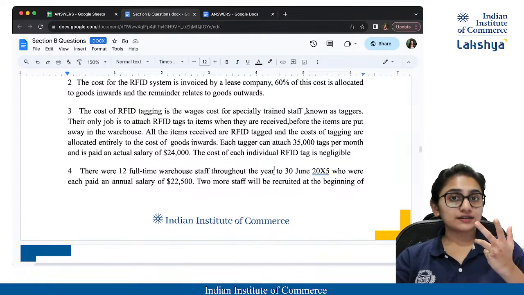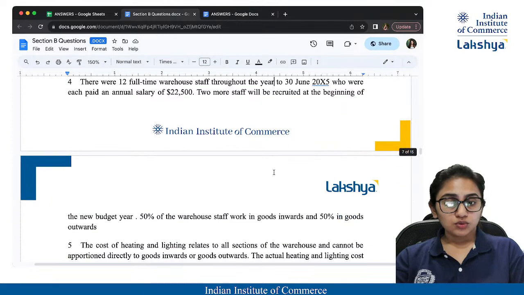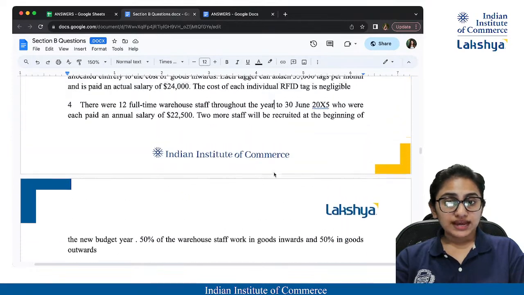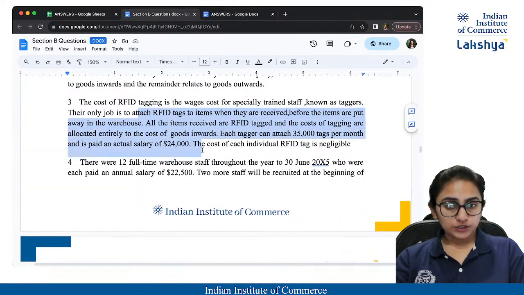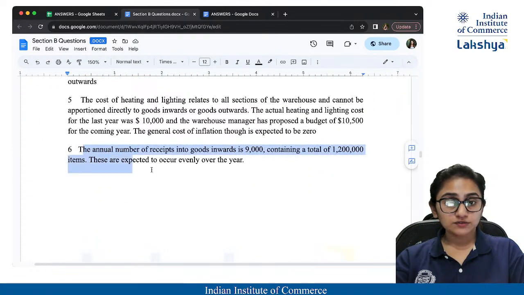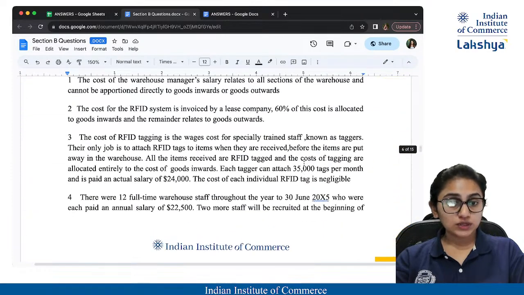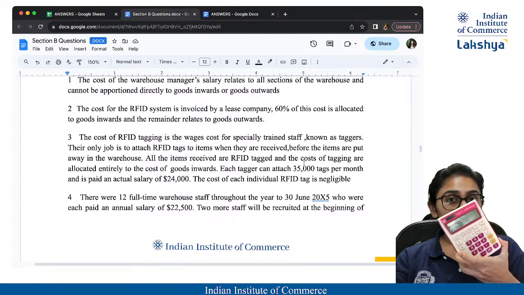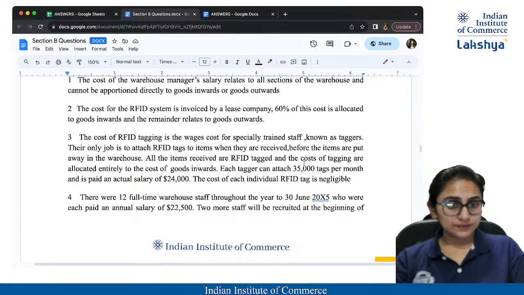But how many taggers are there? That data is not given in this particular point. So when you read further, you come to know that the annual number of receipts into goods inward is 9,000, containing a total of 12 lakh items. So there are 12 lakh items in total per year. So 12 lakh divided by 12 will be 1,00,000 per month.